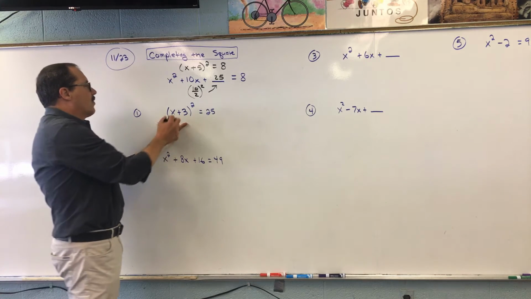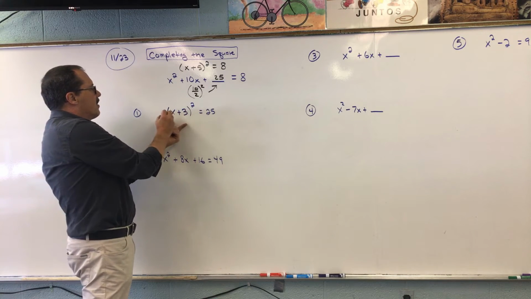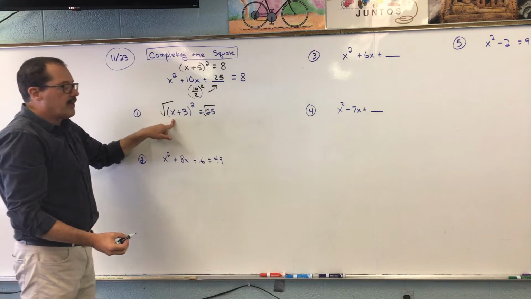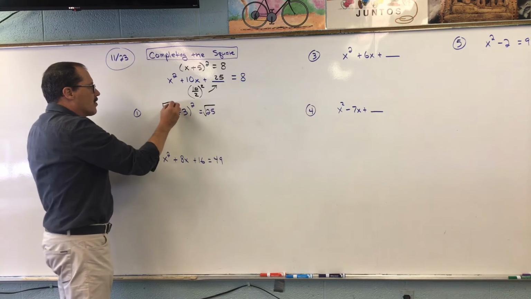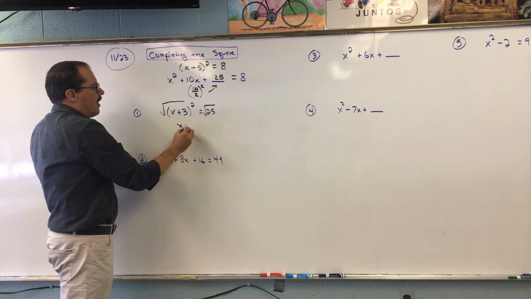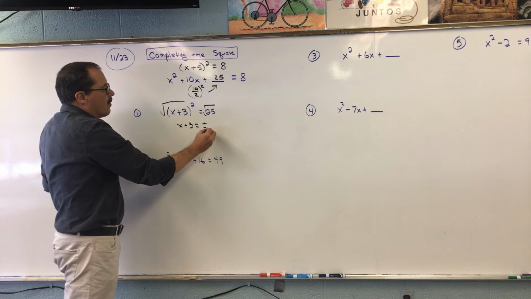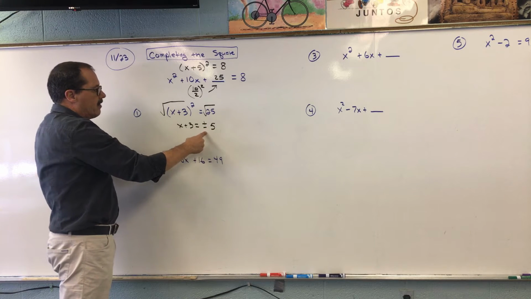Now this one, they start out with one where you're actually not completing the square. When they have a square by itself, you take the square root of both sides. This is like number 1 in the book. So when you take the square root, you get x plus 3 equals plus or minus 5, because the square root of 25 is plus or minus 5. Don't forget that.